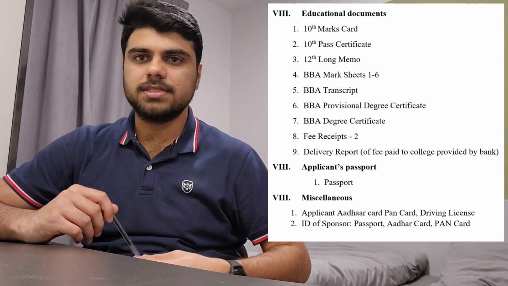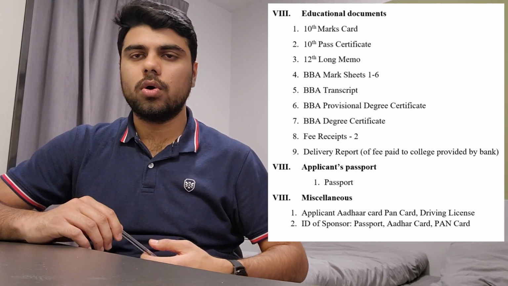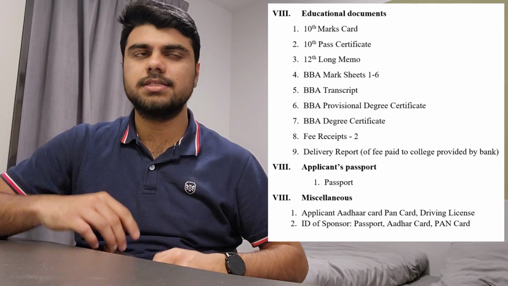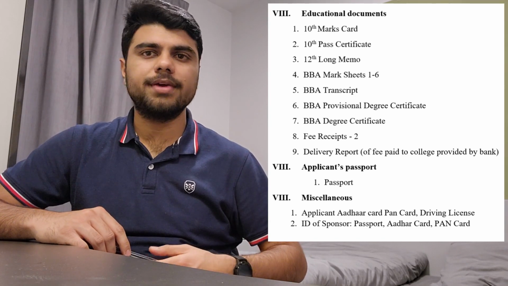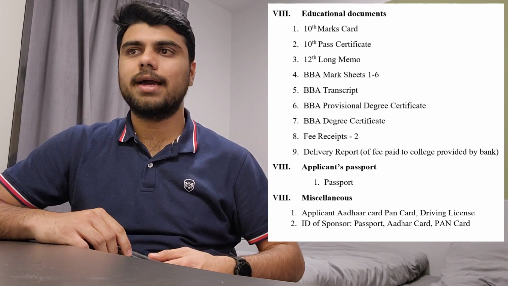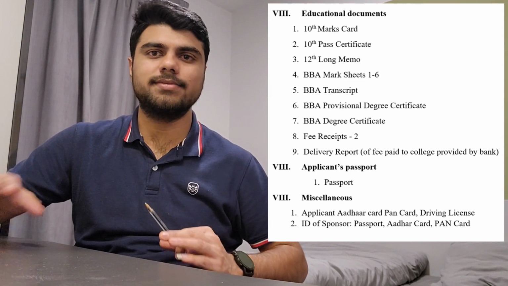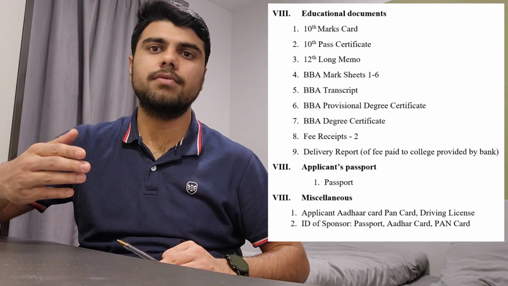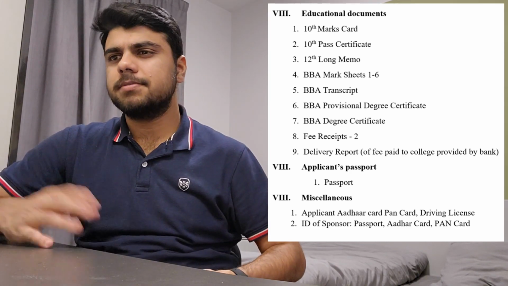And then come the fee receipts. You need to provide receipts for all the fee payments you have made to the college till now. Usually it's 50% of the fee. Again it depends on the college or the offer, but the general rule of thumb is you need to pay 50% of your fee prior to applying for the visa when you're an Indian. Next up is the delivery report.